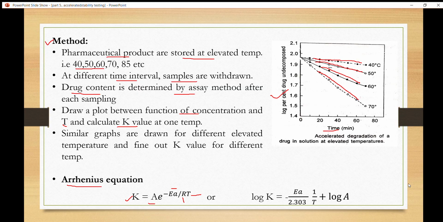This Arrhenius equation is converted into the log equation: log K equals minus Ea upon 2.303 R into 1 upon T plus log A.